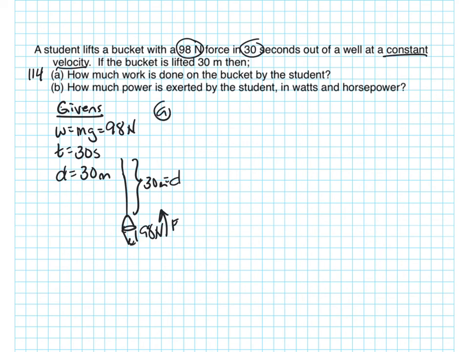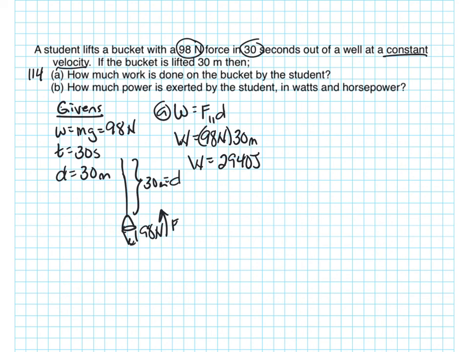So for part A, to find the work, I know work is the component of force parallel to displacement times the displacement. So the work is equal to 98 newtons times my distance, which is 30 meters. So that means that the work is equal to 2,940 joules. Okay, so that's part A, that's the work.